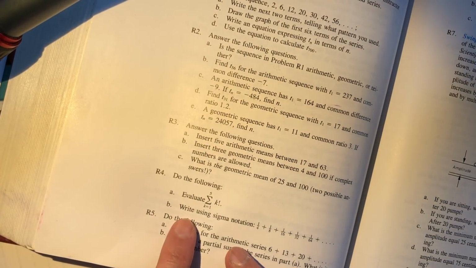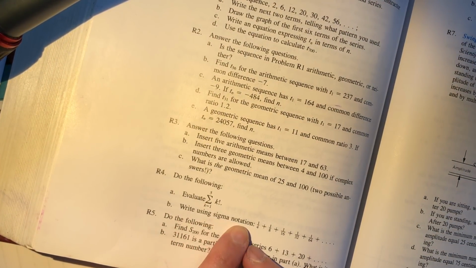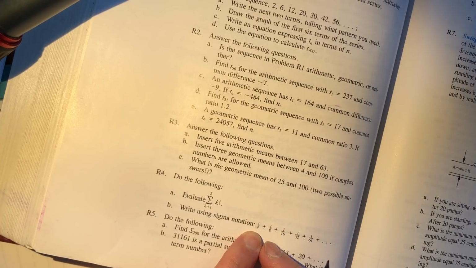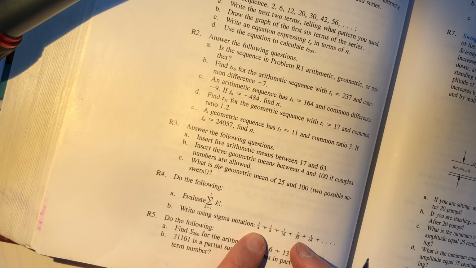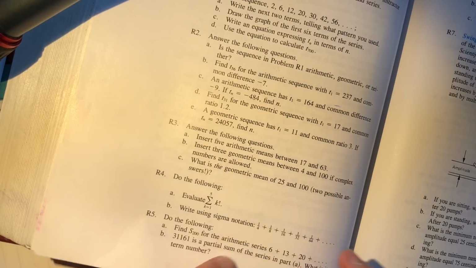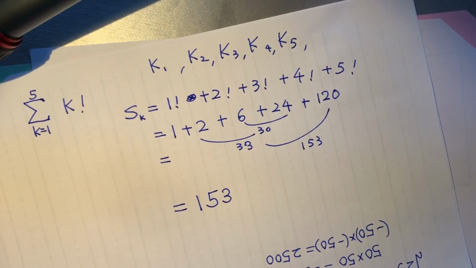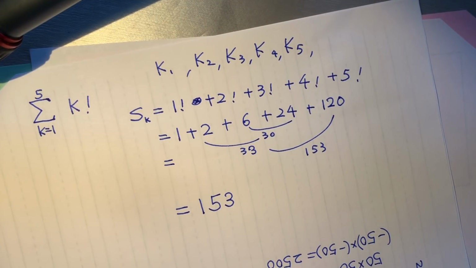And write using sigma notation: 1/4, 1/8, 1/16, 1/32, plus 1/64. So now we first write until infinity, right? This is not finite, it's infinite.